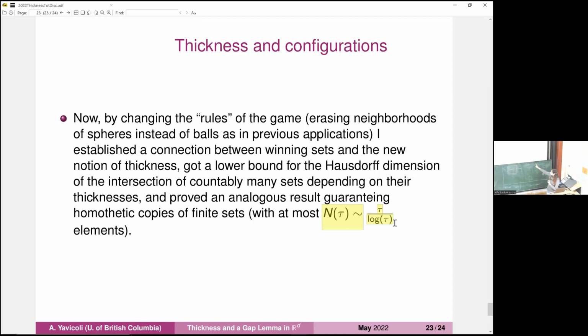And the reason for that is quite intuitive. It is related with the fact that in the previous game, we were erasing neighborhoods of points, and a point is a zero-dimensional set. And now we are erasing neighborhoods of spheres.